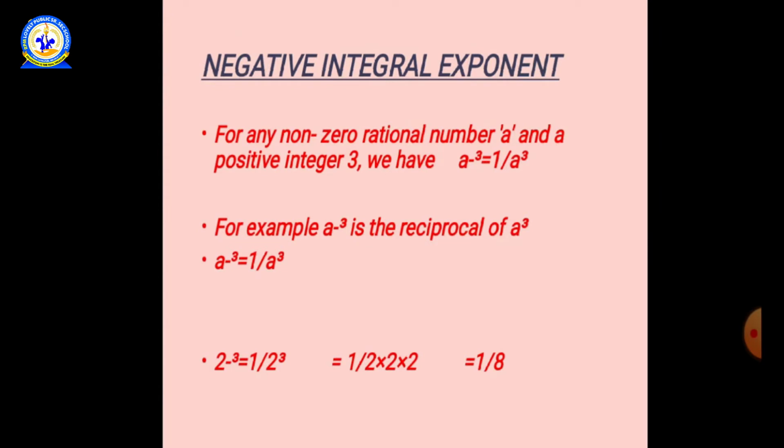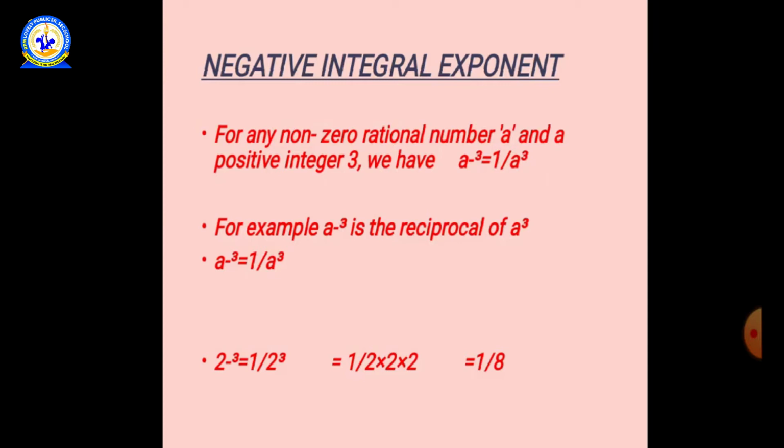I can write a raised to the power 3 as a, 3 times, but I cannot know how to write a raised to the power minus 3. So that's why we take the reciprocal to write a negative integer power in a positive form.